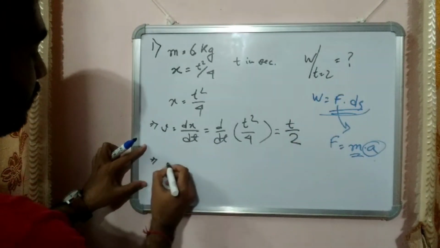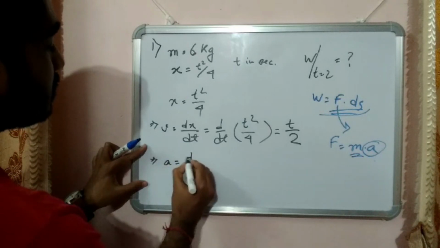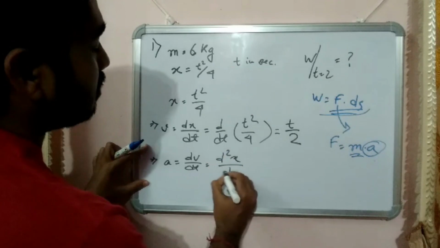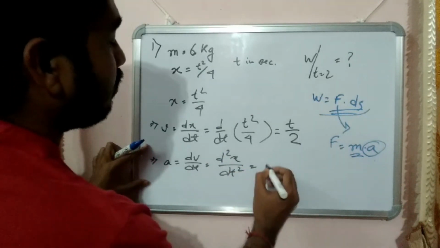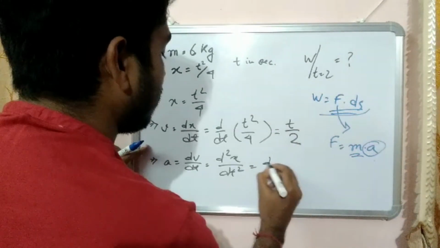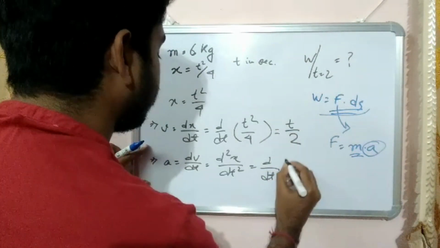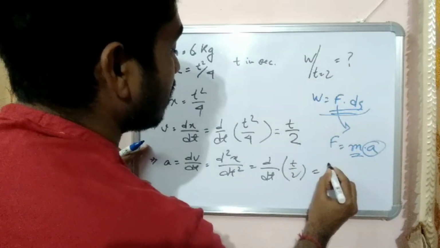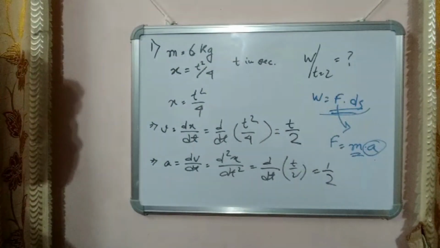And again acceleration is dv/dt, that is the double derivative of displacement with respect to time, d/dt of t by 2, and this is half.